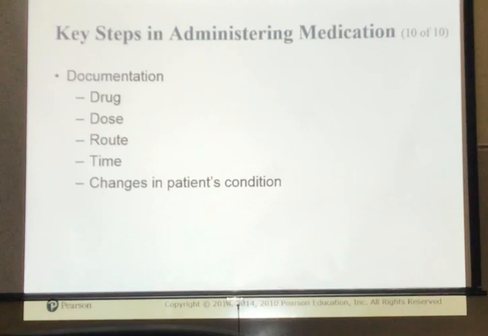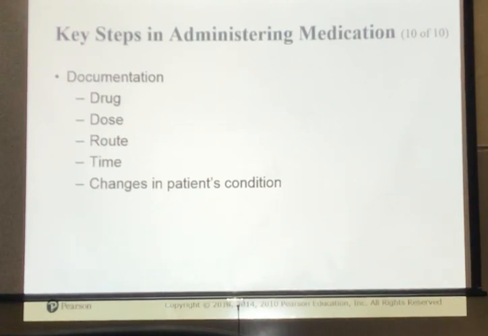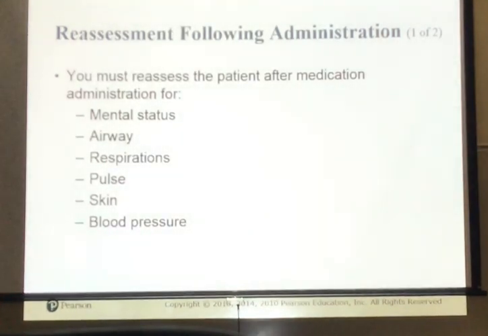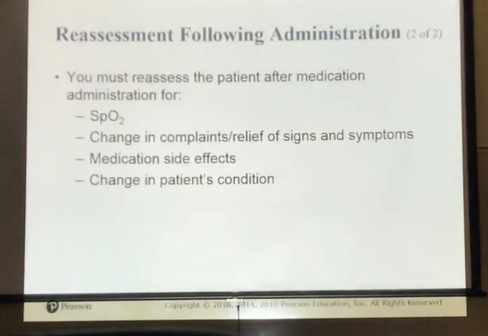Documentation. You want to document the drug, the dose, route, time, and any changes in your patient's condition. During the assessment, assess the adequacy of any other care that has been administered to manage the patient's condition. Based on the care provided, determine whether improvement or deterioration in the patient's condition has occurred, and document any improvement or deterioration.